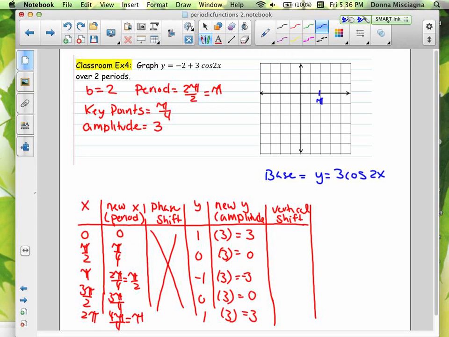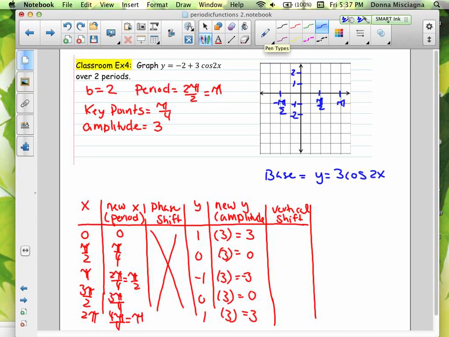So I'm just going to label pi halves and pi, and I'll label this one too, negative pi halves. It looks nice. I'm just going to label every other one, but each line is a fourth. And then this can just be -1 and 1. That's fine. And that's all I'm going to write down.